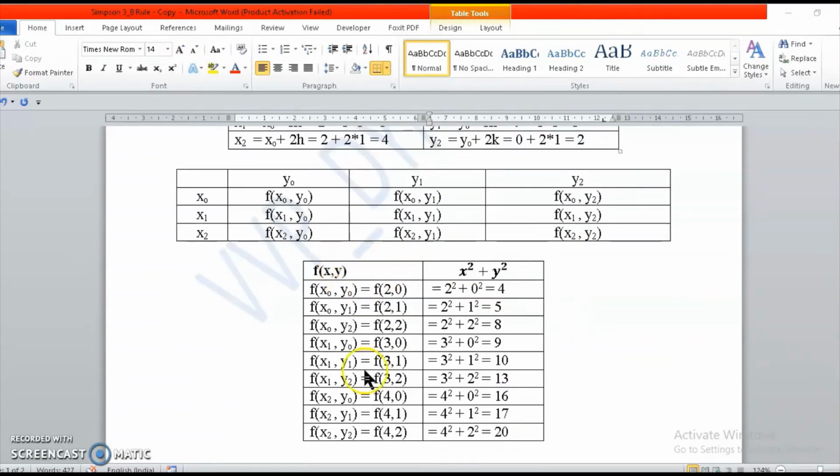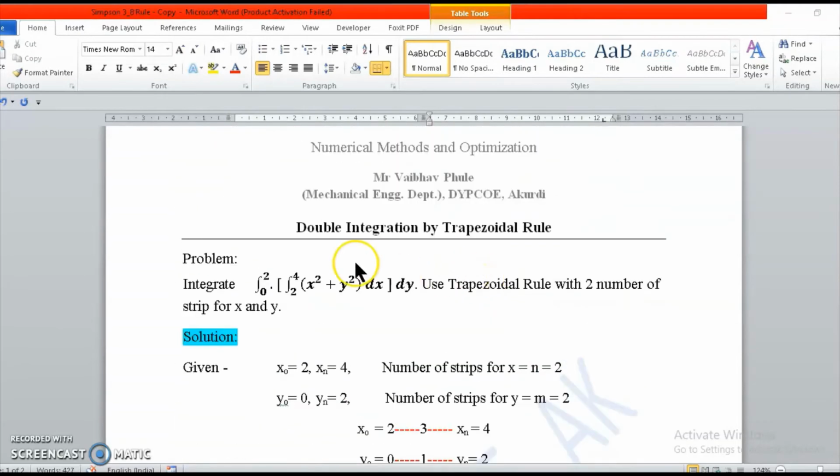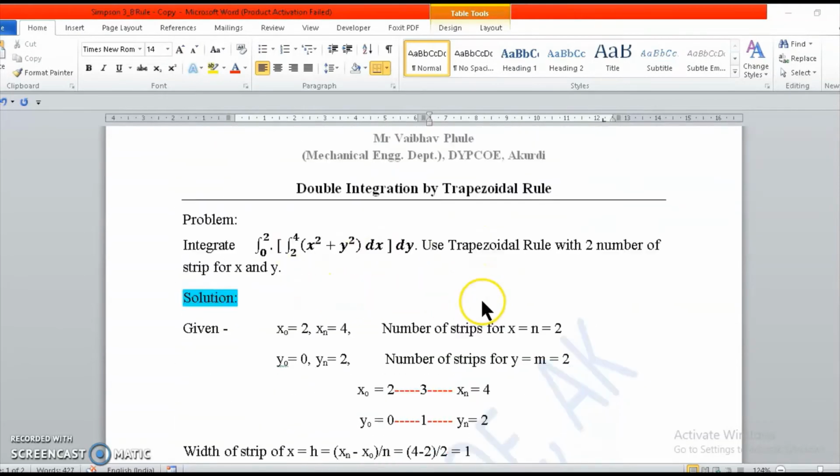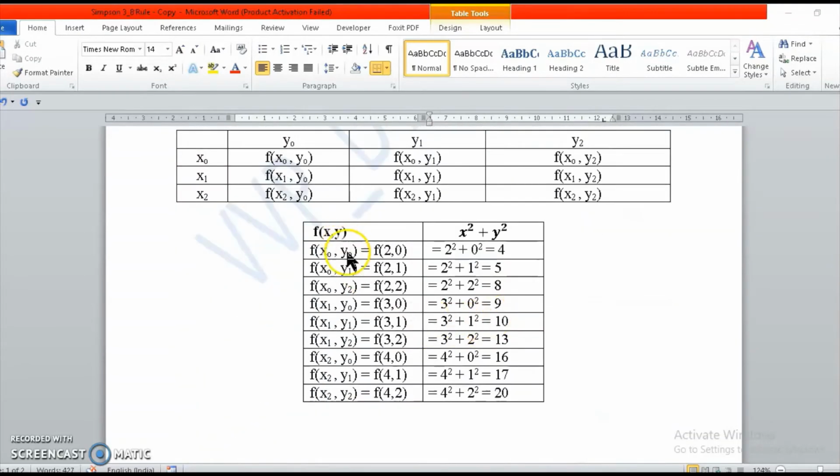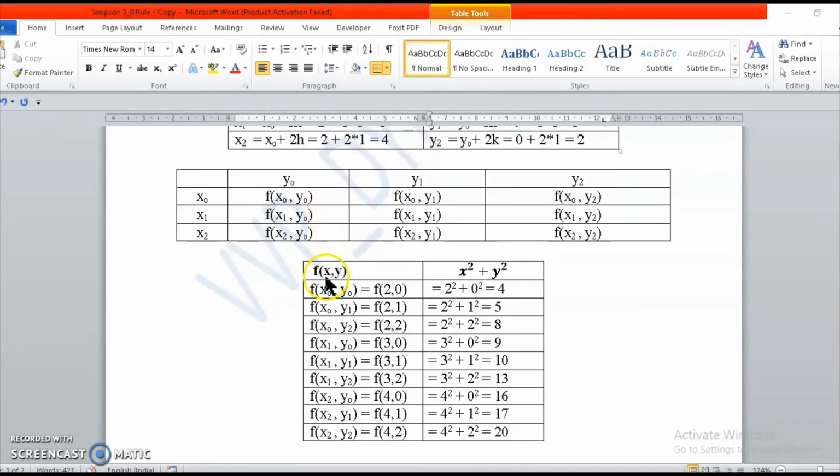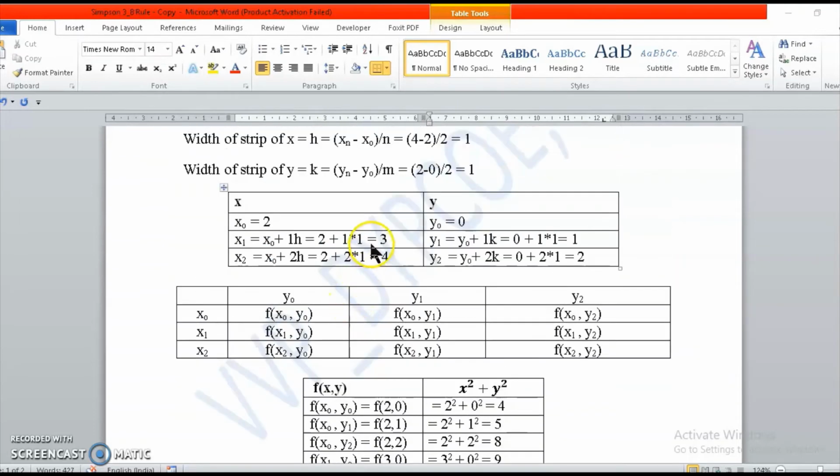So let us try to calculate those values. Here again I have made two columns. In the first column I have written f of x, y, and in the second column I have written the given function, that is x square plus y square. Now let us calculate one by one. First is f of x0, y0. We have calculated x0 as 2 and y0 as 0.